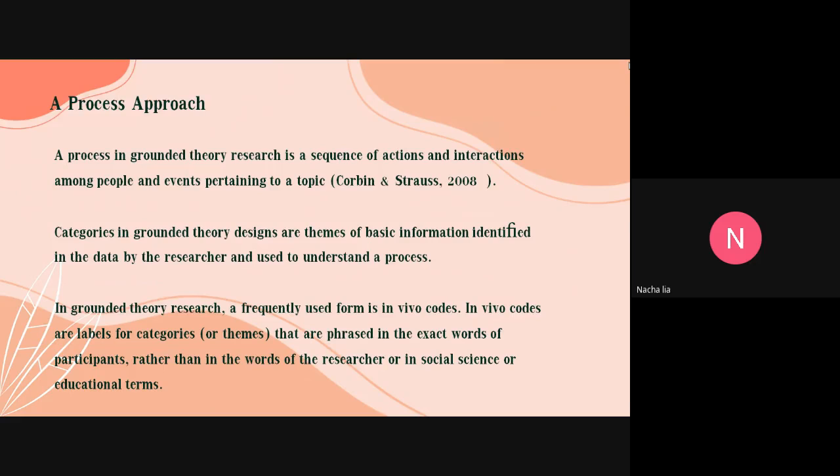In grounded theory research, a frequently used term is in vivo codes. In vivo codes are labels for categories that are phrased in the exact words of participants rather than in the words of the researcher or in social science or educational terms.